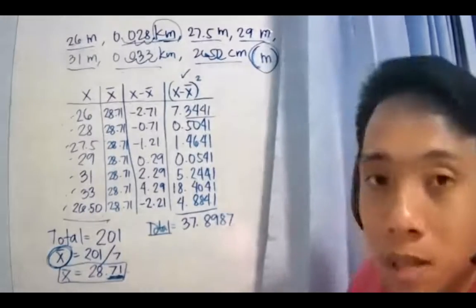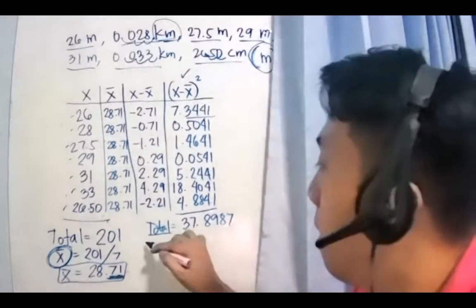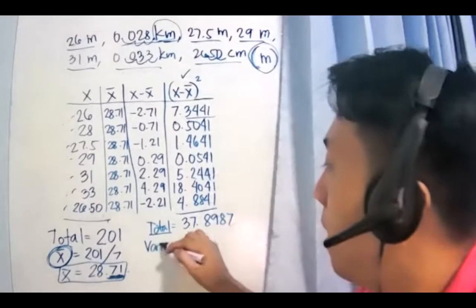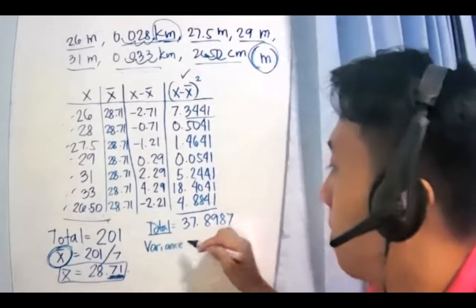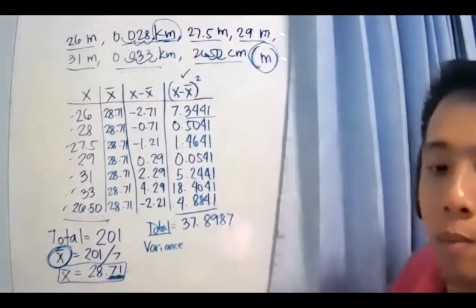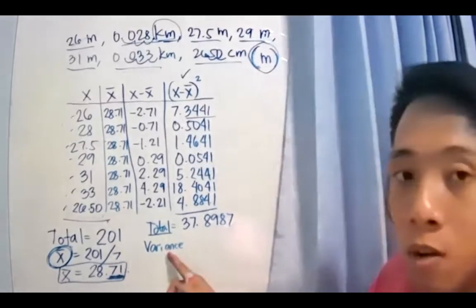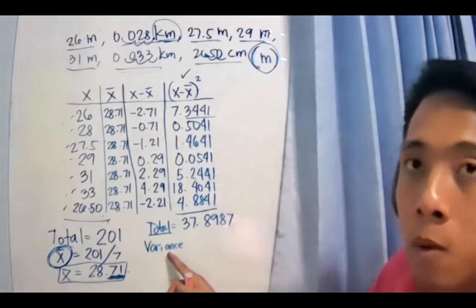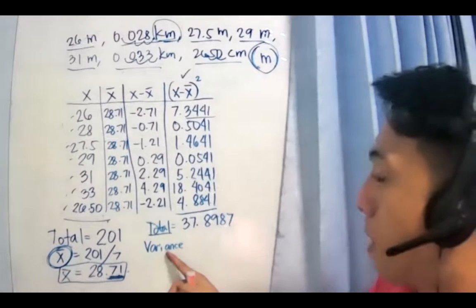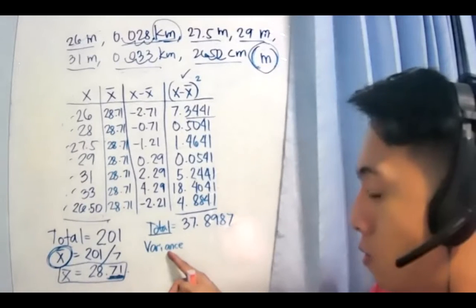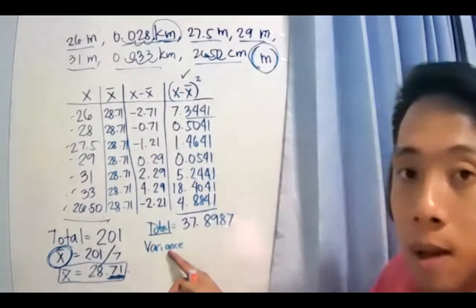So our step 7 is to find what we call the variance. Dahil pumapasok ng mga terms, no? Variance is also related to statistics, tama?